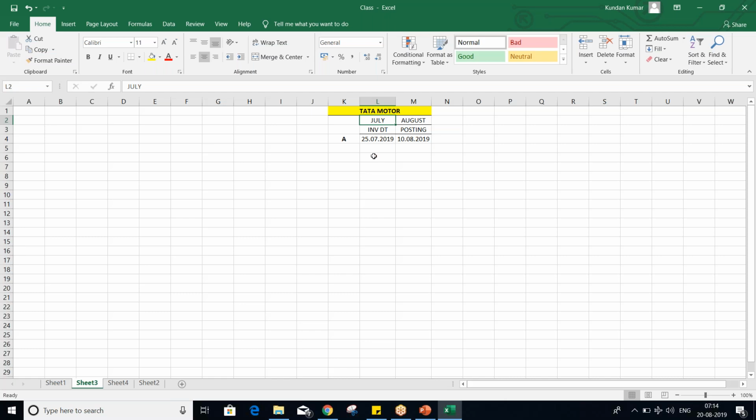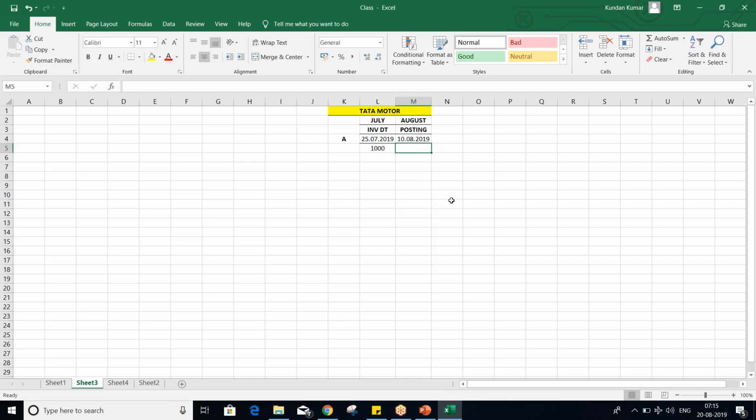Okay, let's suppose in July month there were total transactions worth, I'll quote a very small amount, guys, so that it will be easy. So the total transactions which were posted were worth 1,000 rupees.